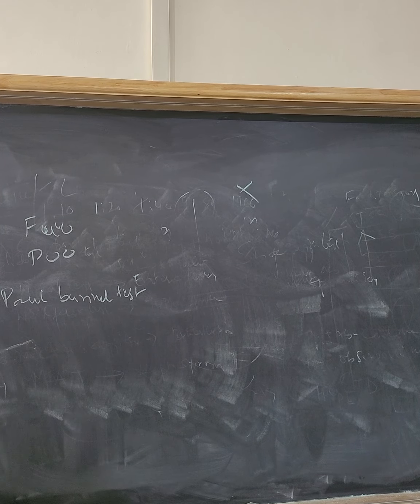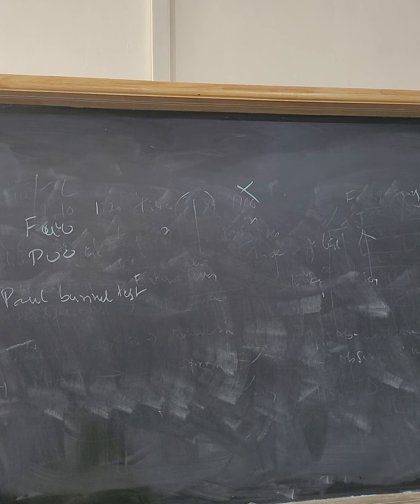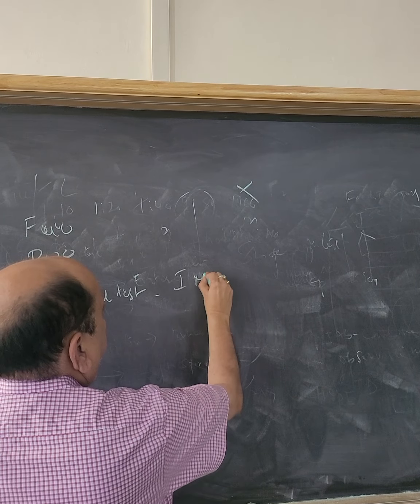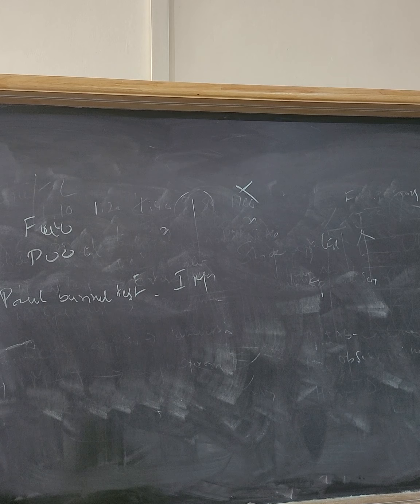So other agglutination tests are named after the people who discovered them. The Paul-Bunnell test is for the diagnosis of infectious mononucleosis, also called glandular fever.